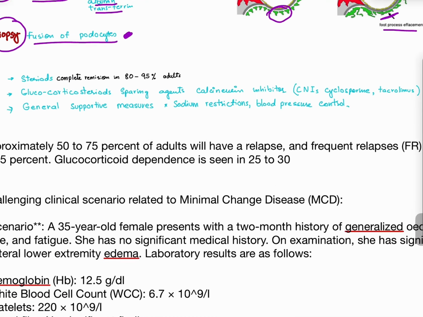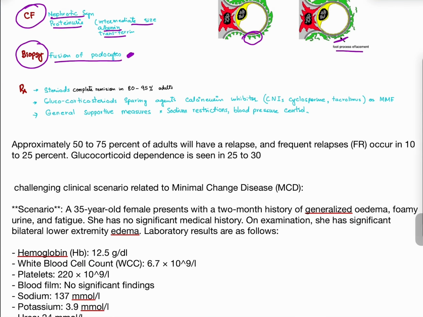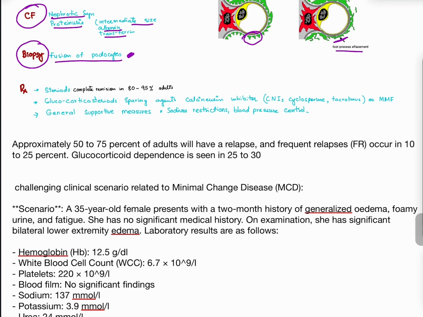Complete remission can happen in 80 to 95% of adults with steroids, but if the corticosteroids are contraindicated or not tolerated by a patient, then glucocorticoid sparing agents like calcineurin inhibitors, cyclosporine, tacrolimus, cyclophosphamide, mycophenolate can be used. Then there are general supportive measures like sodium restriction, and blood pressure control with ACE inhibitors can also be done.